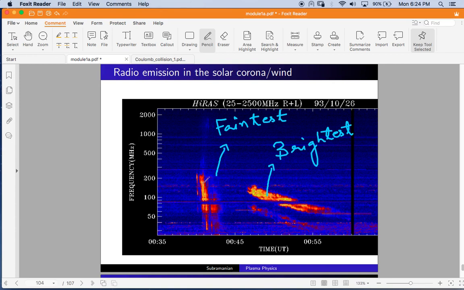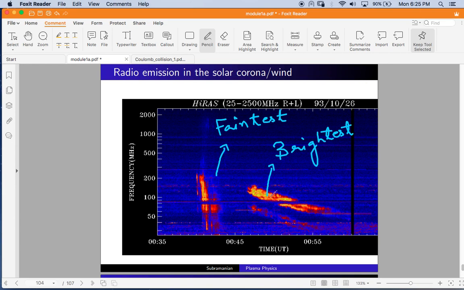Now you've got a bright band of emission drifting fairly fast from about 200 megahertz down to about 50 megahertz within a span of this many minutes. This is one observation you can make. The other observation is a bright band of emission drifting from about 150 megahertz to about 50 megahertz over a much larger time scale.